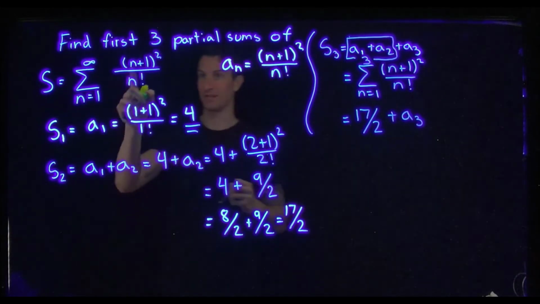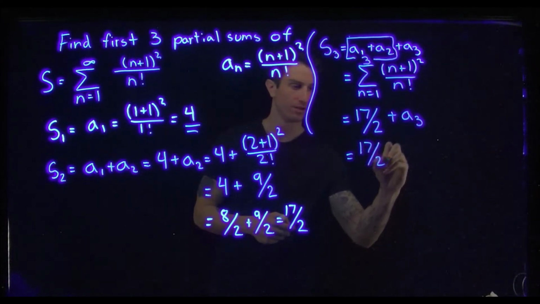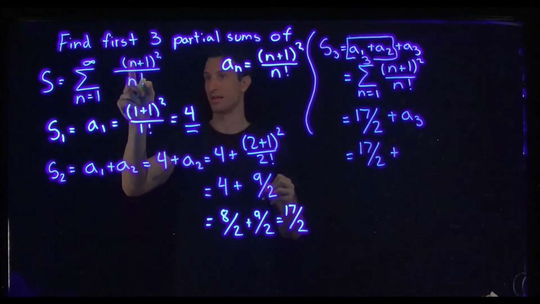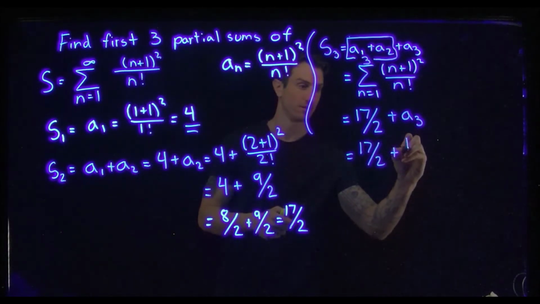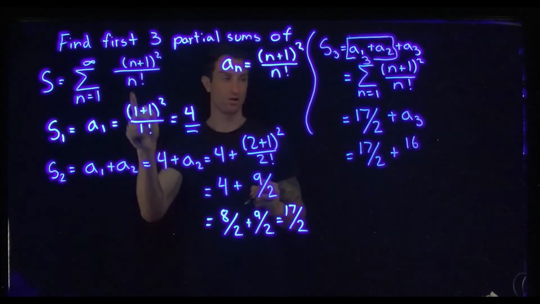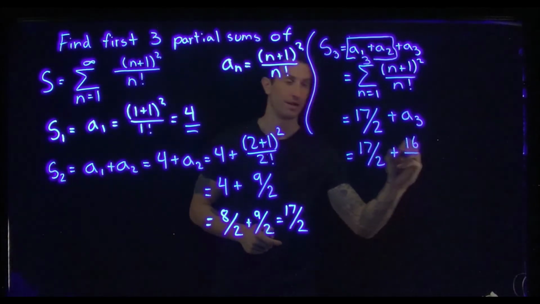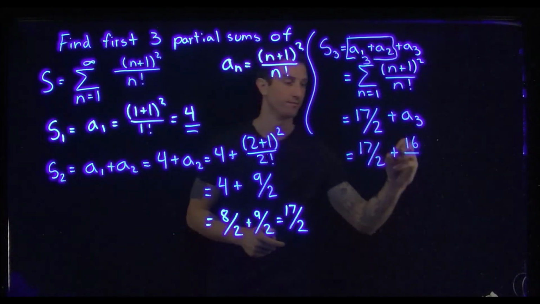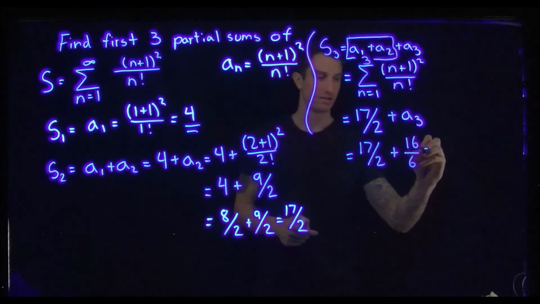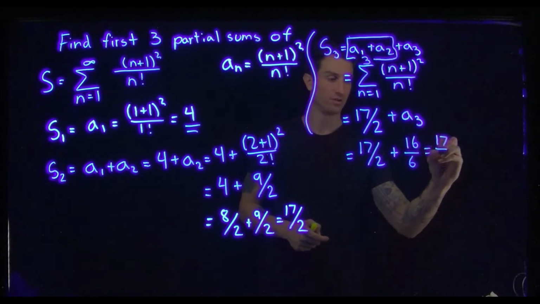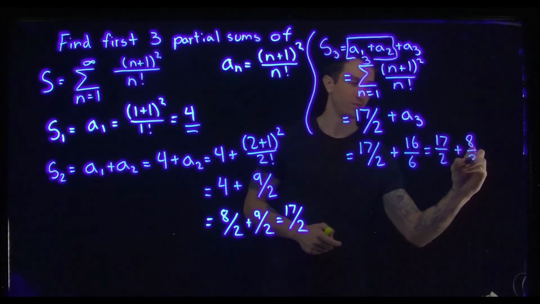Well, what is A3 going to be? So 17 over 2 plus, we plug in the 3, (3 plus 1) squared, 16, all over 3 factorial, which is 3 times 2 times 1, 6. So this is going to be 17 over 2 plus 8 over 3, and what's a common thing we've been doing here?